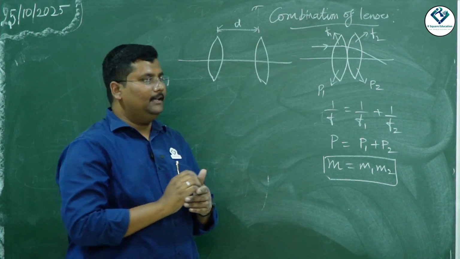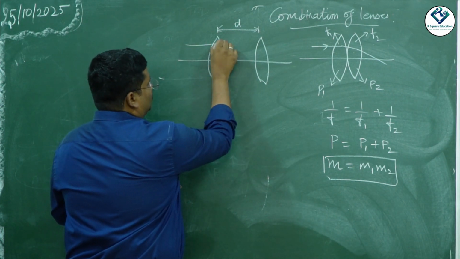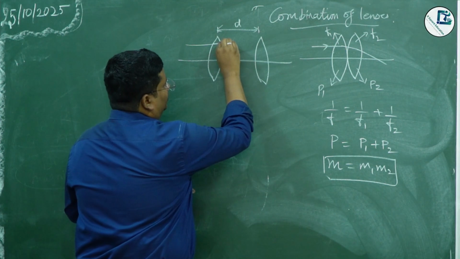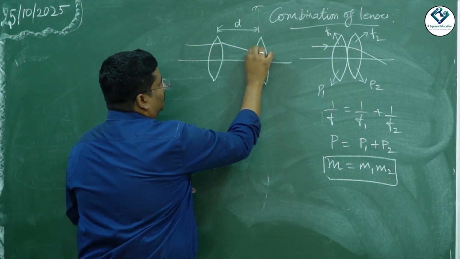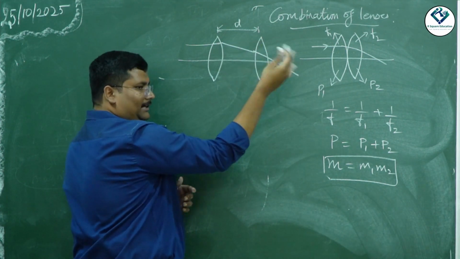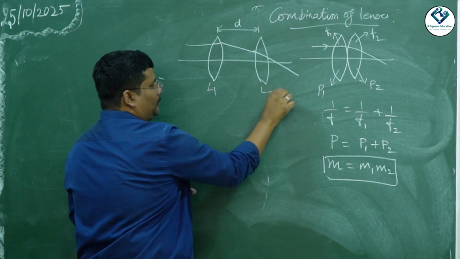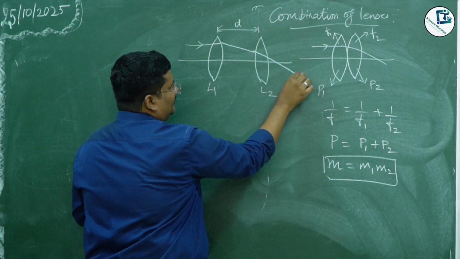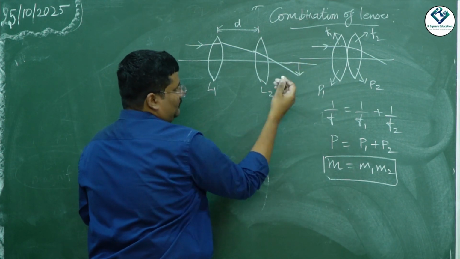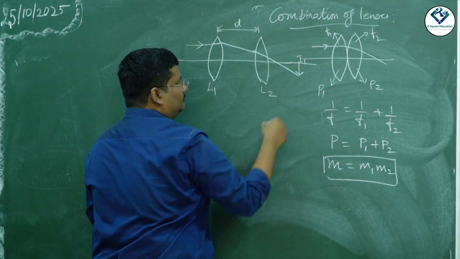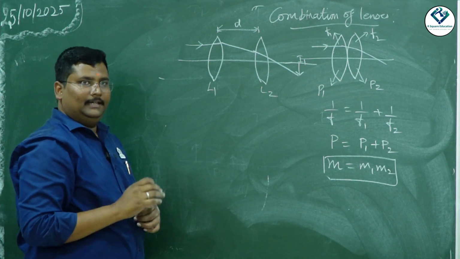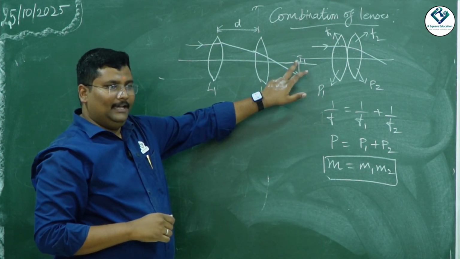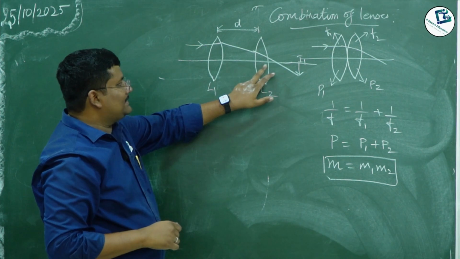The first lens's image, say it is going to be somewhere here. Imagine this lens is not there. Let this be L1 and this be L2. Now I pass a light ray, it goes and meets here, and say the image is formed somewhere here. Let this be I1. Now this image acts as the object for this lens.